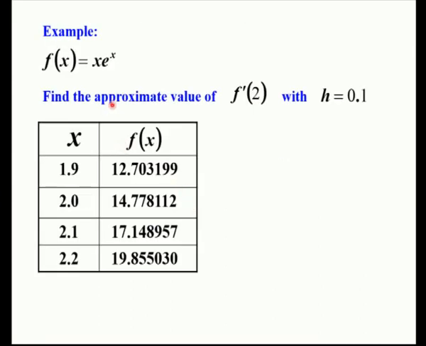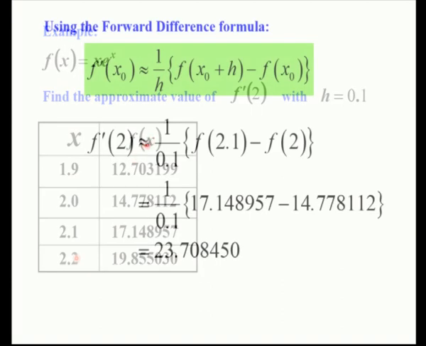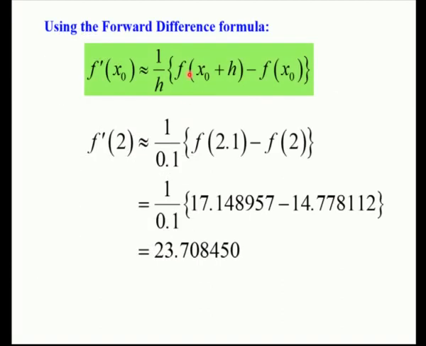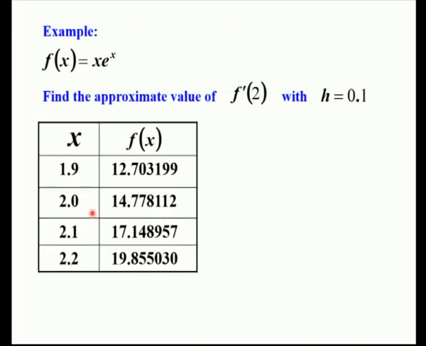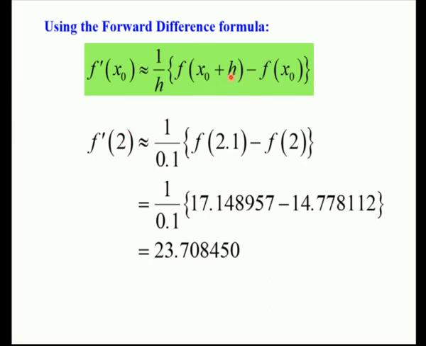And now you take an example. We consider the function x times e raised to x. We would like to calculate the first derivative of x at 2 with h to be 0.1, and now around 2 I have taken 4 points, 1.9, 2.0, 2.1 and 2.2, and using the first formula, forward difference formula, I have f derivative value is equal to f of x naught plus h minus f at x naught, that is x naught is 2, h is 0.1.